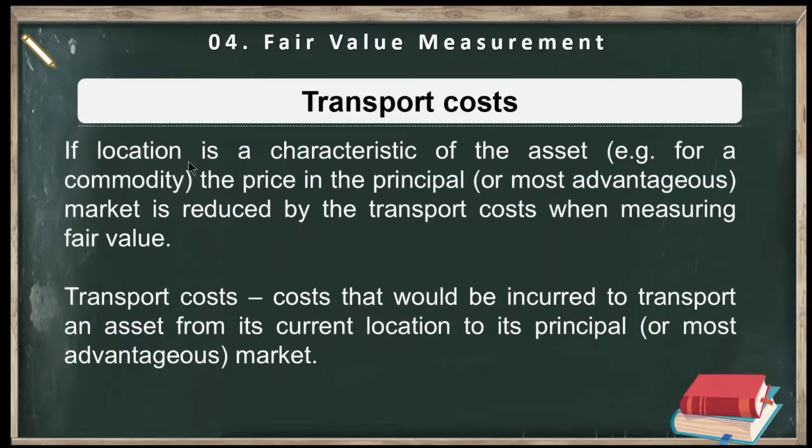So if location is a characteristic of the asset, for example, for a commodity, the price in the principal or most advantageous market is reduced by the transport costs when measuring the fair value. So transport costs are costs that would be incurred to transport an asset from its current location to its principal or most advantageous market.